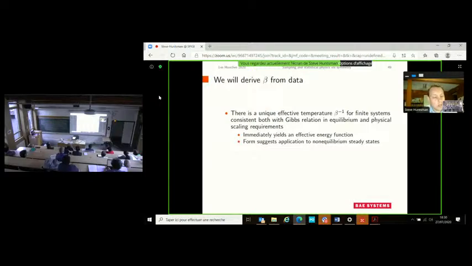And there's really only one of these that makes any sense if you accept the Gibbs relation and physical notions of scaling. And as you know, once you have a temperature, you get an energy, and this setup is going to suggest things about non-equilibrium steady states, but also data analysis, which is where this thread originally came from.